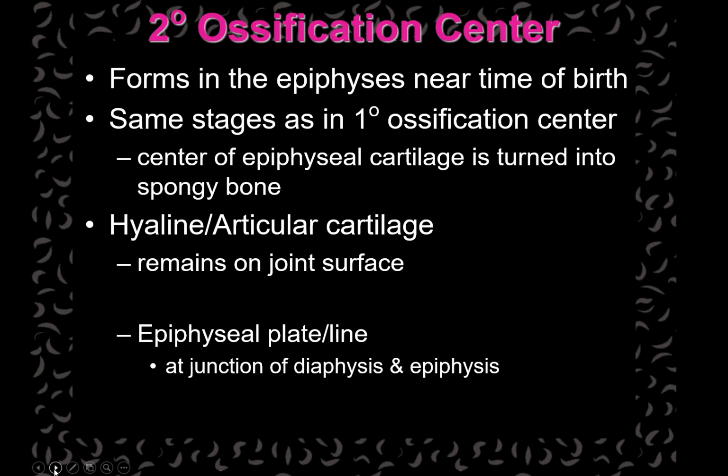As it dies off, we replace it with bone. Okay? How's that work in your brains? Seem all right? Maybe pretty doable if you get a little chance to look it over and study it? Because that's one of the big takeaways from this unit. Okay?